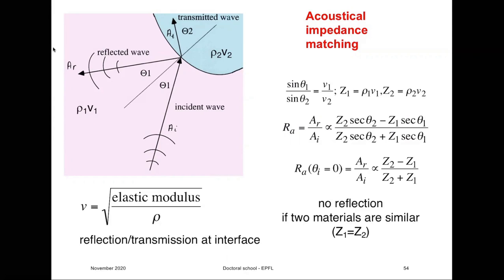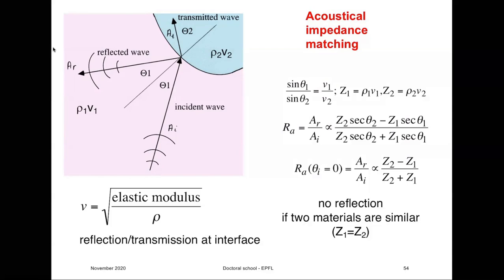Acoustic impedance Z is defined as the product of the density of the medium times the velocity of the acoustic wave in that medium. And the acoustic velocity is proportional to Young's modulus and density of the medium.